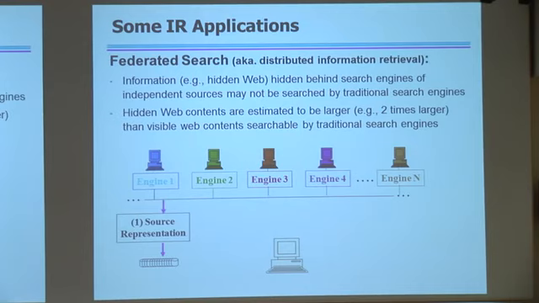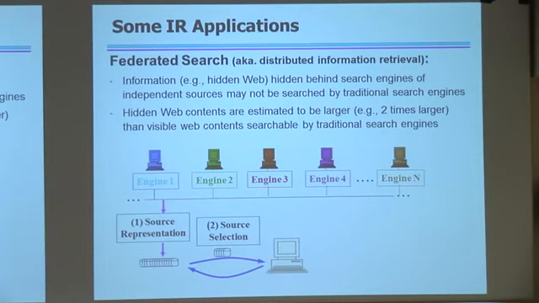So here, we are assuming information is distributed across a bunch of information sources. In the first step of the search process, we need to figure out what kind of contents each information source contains. One digital library may be about scientific publications, the other may be about biomedicine, the third one may be about economics, and so on and so forth. Then with the user query, an important task is to select a few most relevant information sources to search.